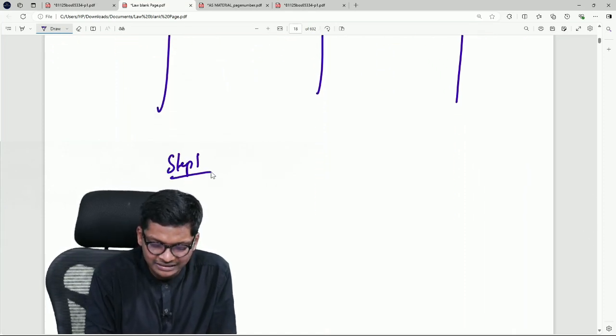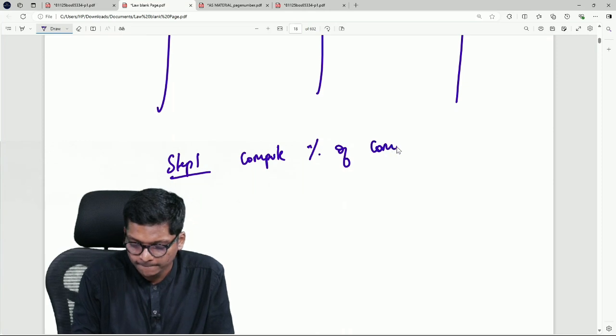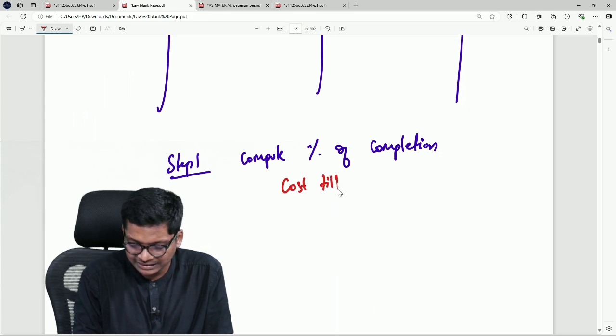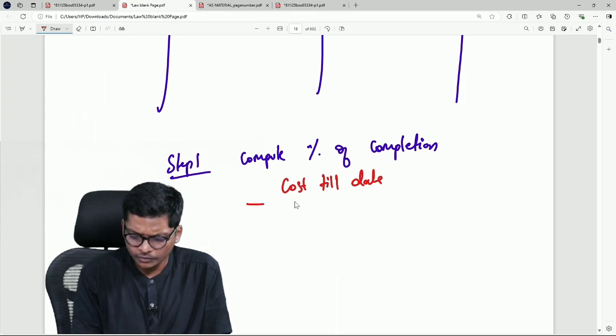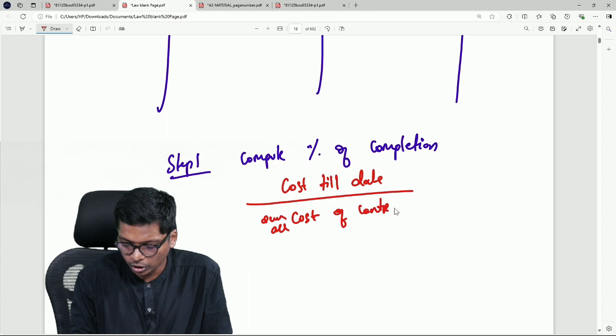Step 1, they tell us compute percentage of completion. What is percentage of completion? Cost till date by overall cost of contract.